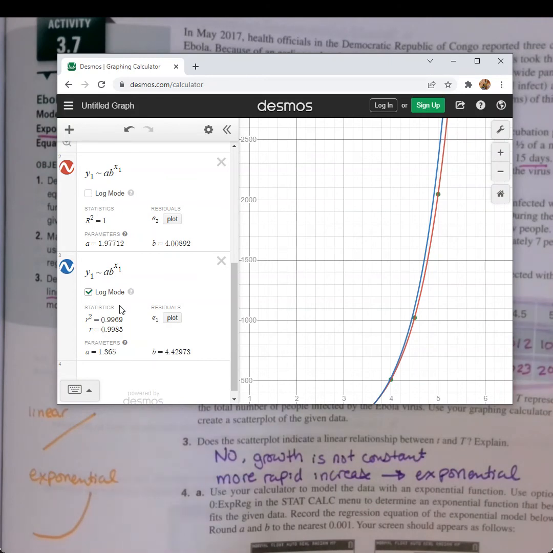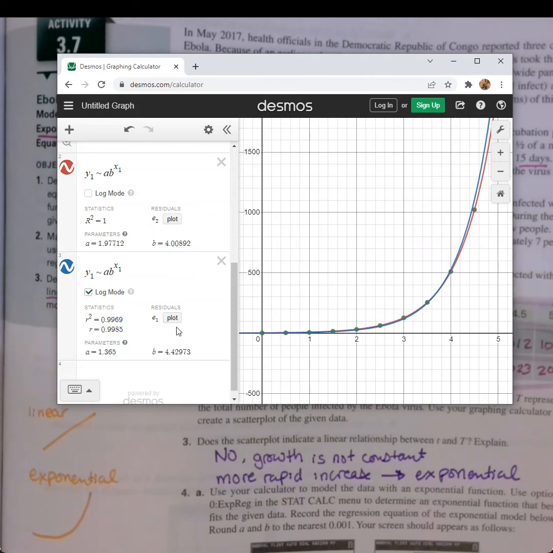That's not always the case. It could be the log mode box looks a little better, but because checking the log mode box does simplify some of the calculations, there is a chance that there's a little bit more of compounded rounding error in this. So I want to first of all express that there are two different models that we can compute.